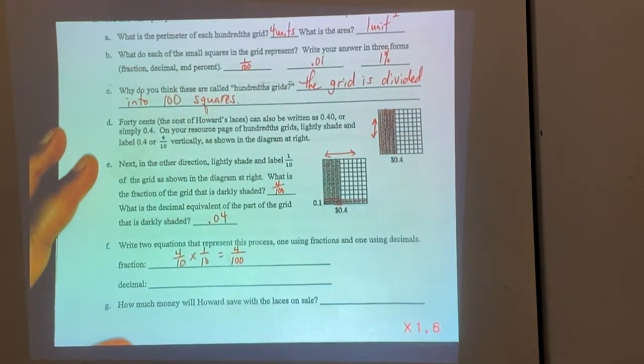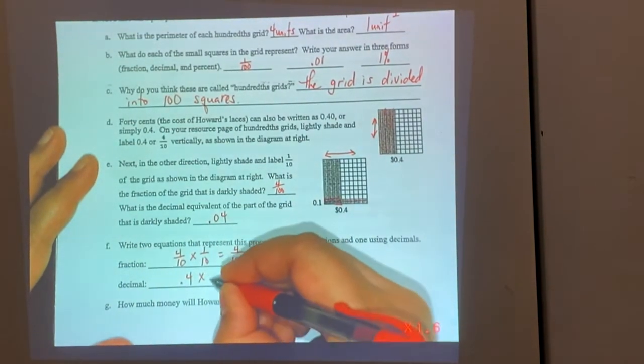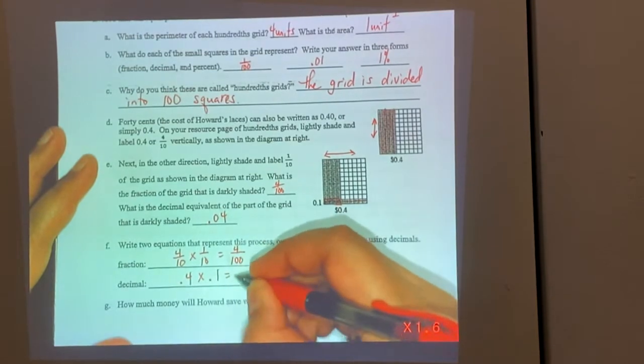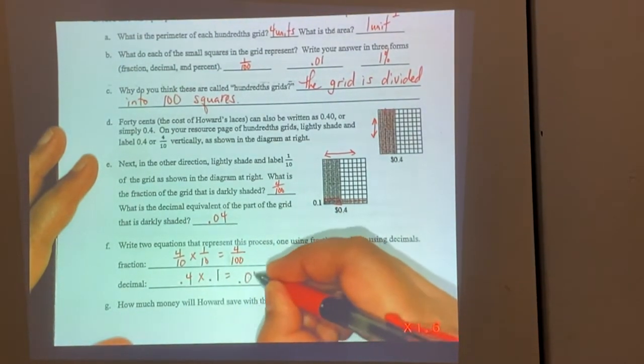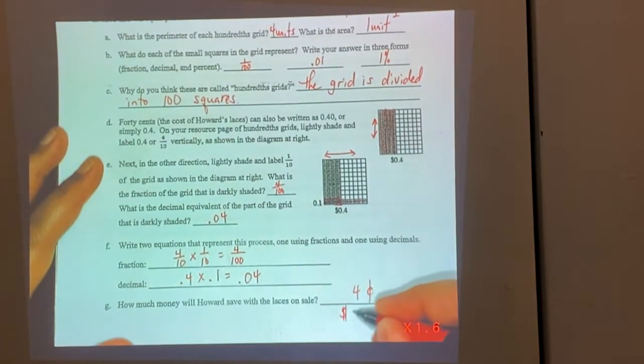As a decimal, 4/10 looks like 0.4, and 1/10 looks like 0.1, and as a decimal, it's 0.04. How much money will Howard save on the laces on sale? He will save 4 cents. Or if you want to write it this way, 0.04. Okay, 4 cents.